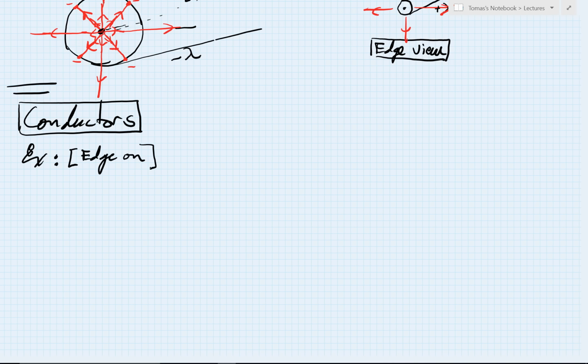So what I'm going to have then in my edge-on view is the line of charge is just going to appear as a dot, and I'm going to continue to have that maintaining a charge plus 2 lambda. Now what's going to be different is the cylindrical shell that I put around this is now going to have some thickness like a metallic pipe, and it's also going to be conducting. So a metal pipe is not a bad representation.